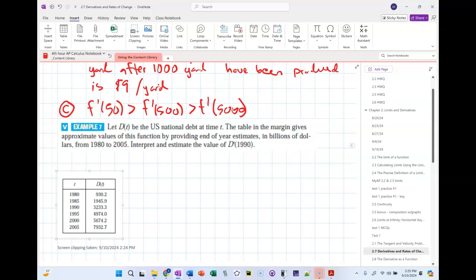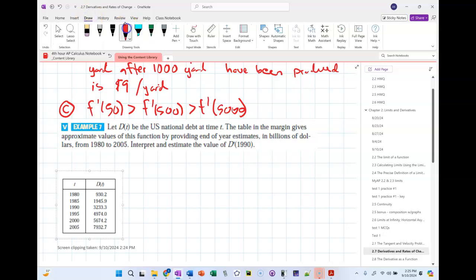Can we calculate D prime of 1990? Let's start there. Is this table enough information to calculate an instantaneous rate of change? No, I can't do it. Can I estimate that, though? Yes.